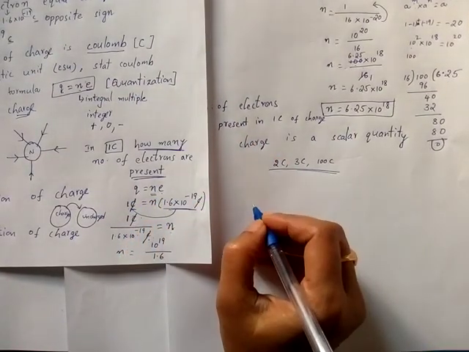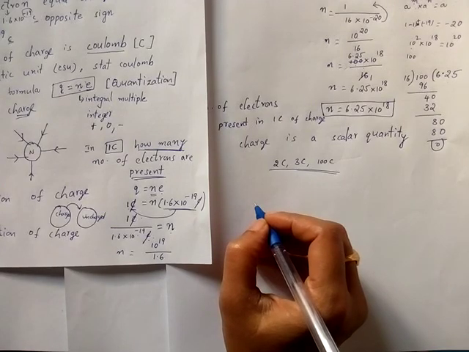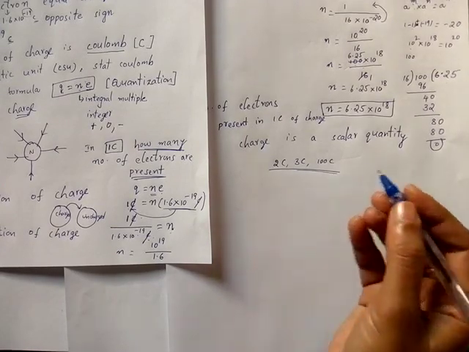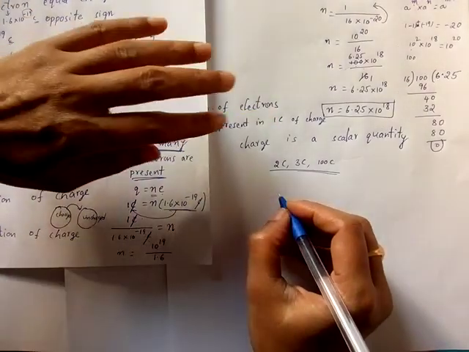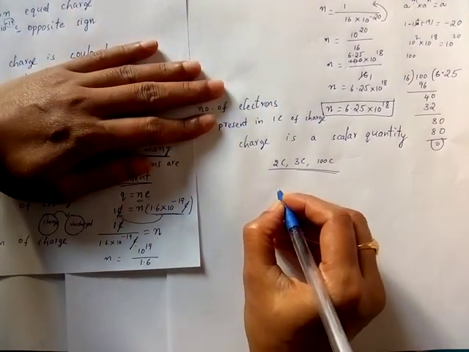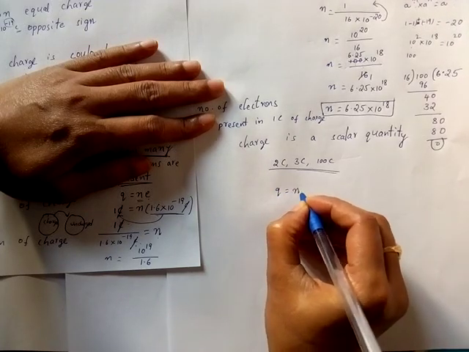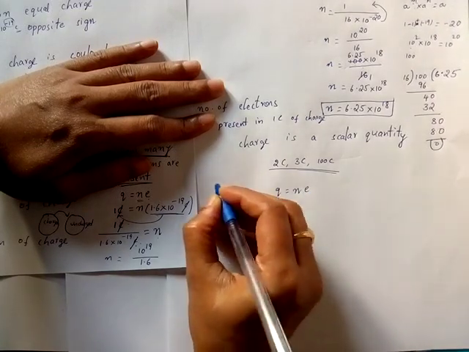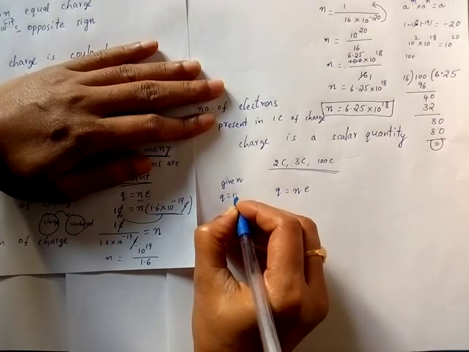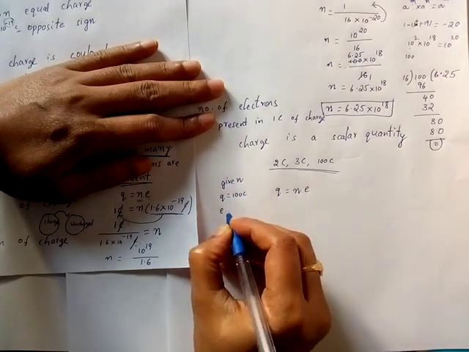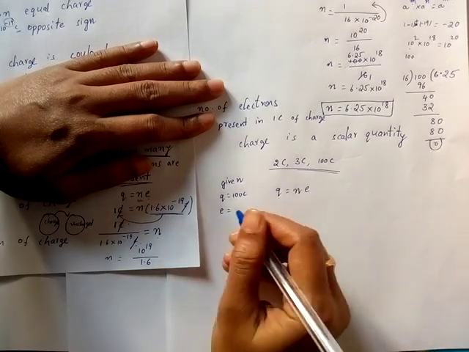So let me do with 100 coulomb of charge. Let's do it. How much it becomes? Tell me. Same, easy only. So what you have to take, Q is equal to Ne. Now Q is given how much? Given Q is equal to 100 coulomb. e you have to know, they don't give.